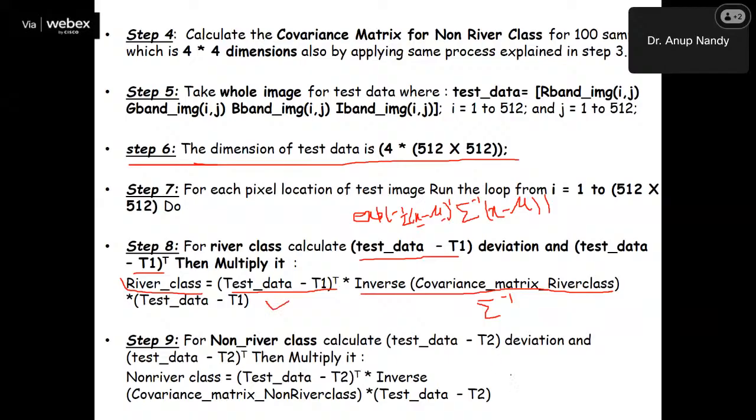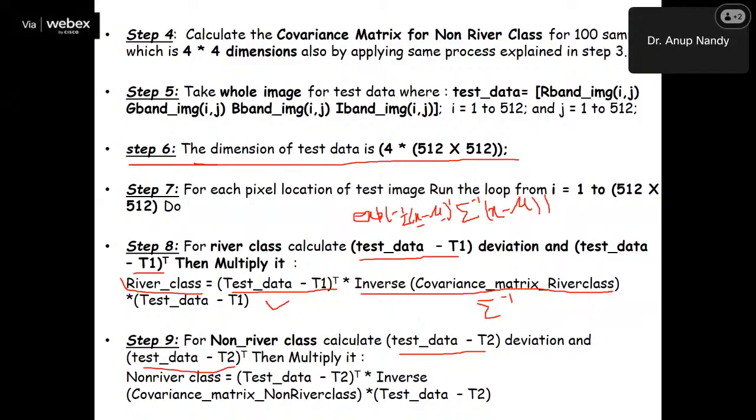Now similarly for the non-river class, you calculate test data minus T2. What is T2? T2 is the mean vector for the non-river class. You have calculated the mean vector for the river class and also for the non-river class.